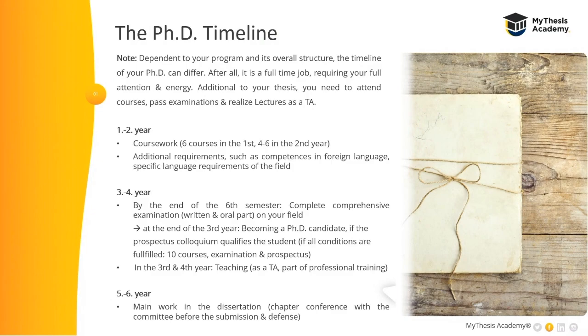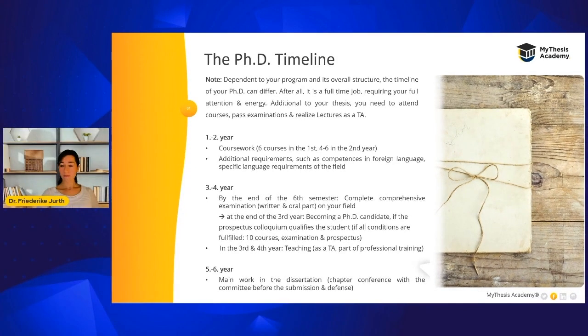In the 1st and 2nd year, you have to complete some courses and some coursework. Here I took the example from Yale, where they require that you do 6 courses in the 1st and 4 to 6 in the 2nd year.